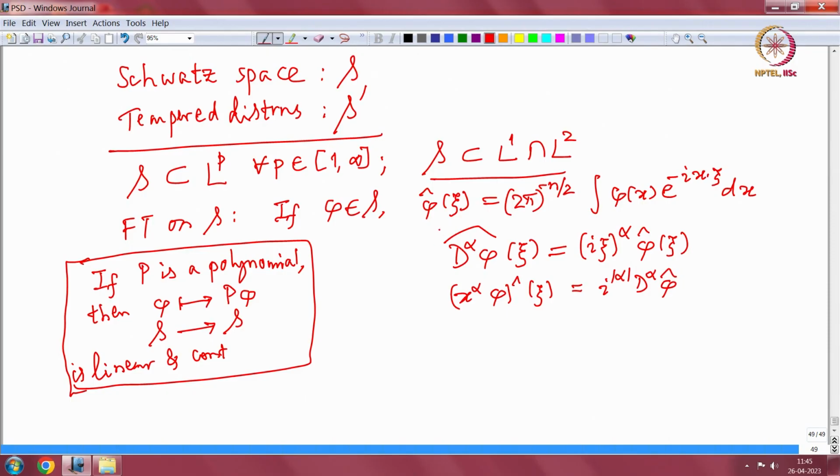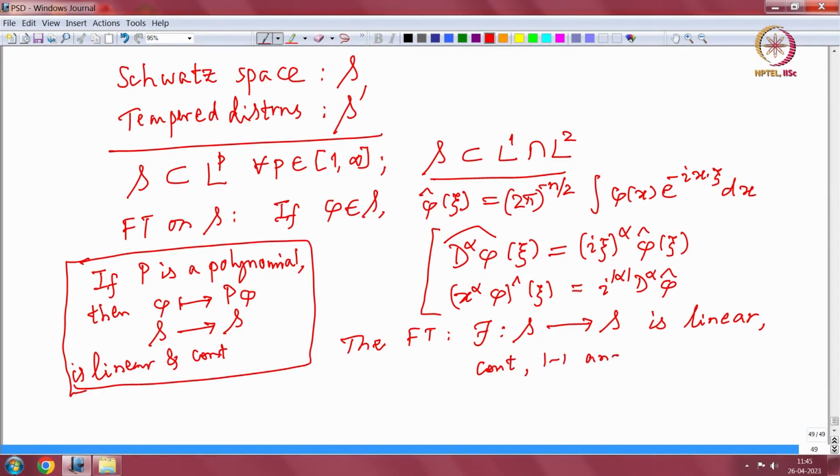If you combine these properties, what we see is that the Fourier transform, let me call it F, from S to S is linear. Of course, linearity just comes from the integral. It is continuous, one-one and onto.